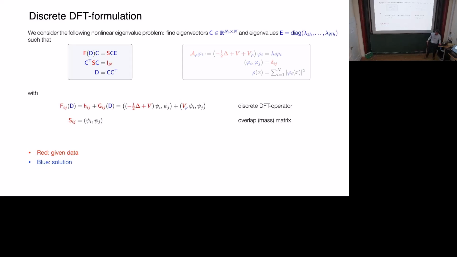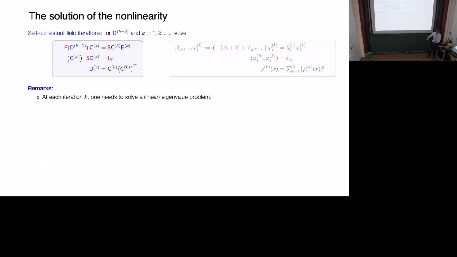In practice, while this is a nonlinear eigenvalue problem, the simplest version is: I start with an initial D0, plug it in here, diagonalize the Hamiltonian, find a new C_k and energy levels E_k, build a new D_k, and continue.